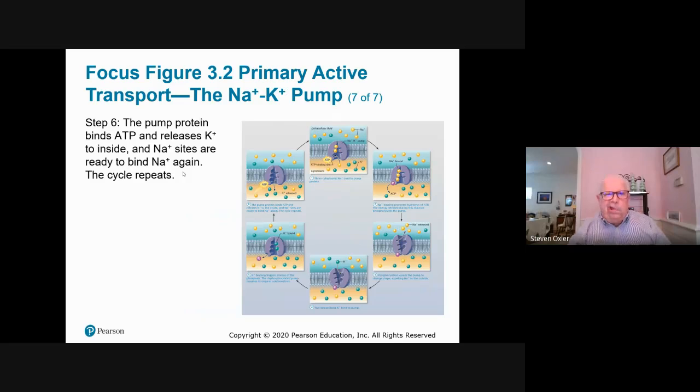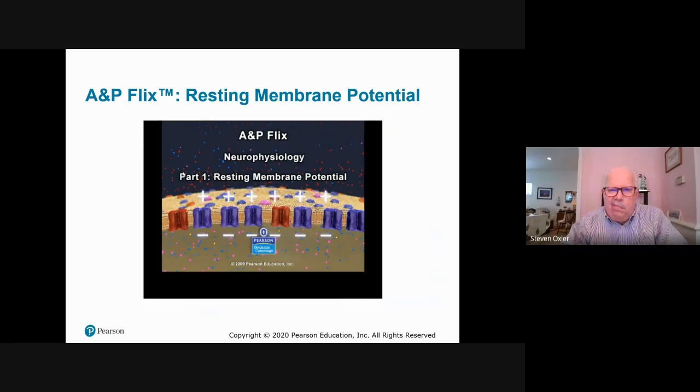The pump protein then binds with ATP and releases the potassium to the inside. The sodium sites are ready to bind again, and the cycle continues. It brings potassium into the pump and throws the sodium out of the pump. Got it?